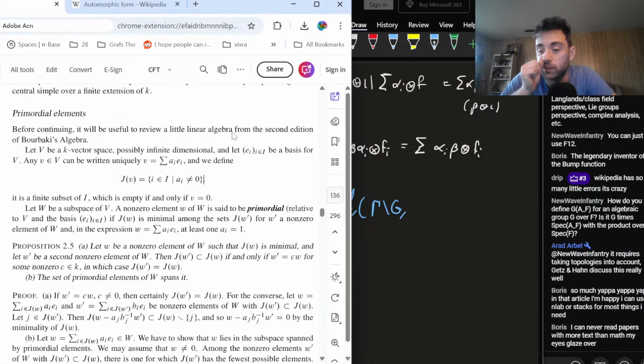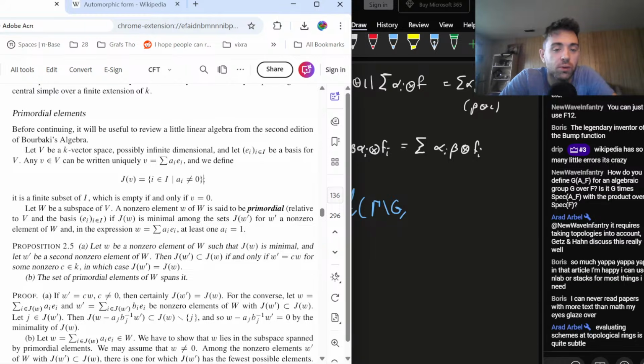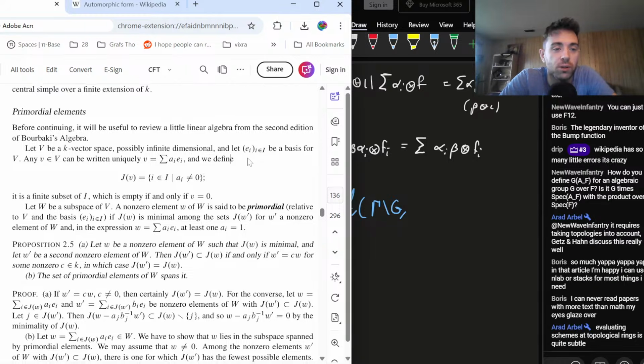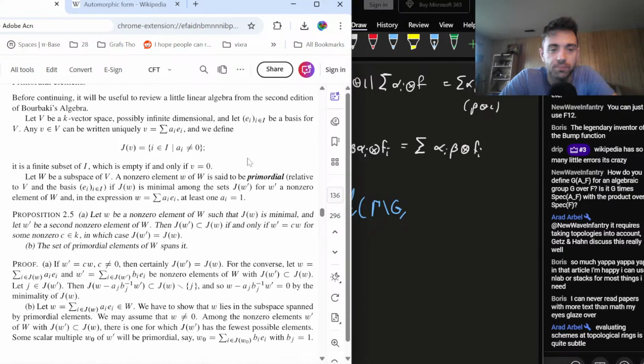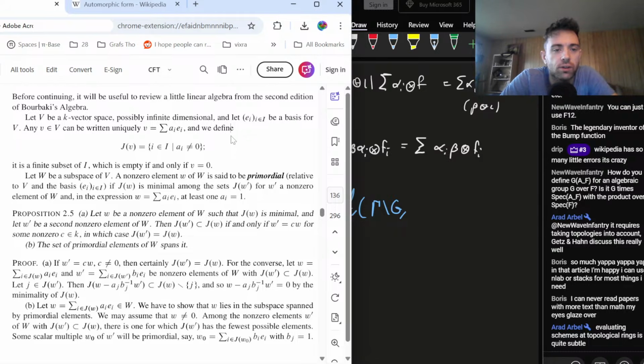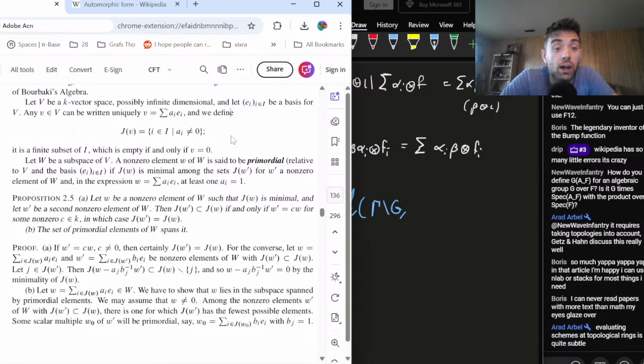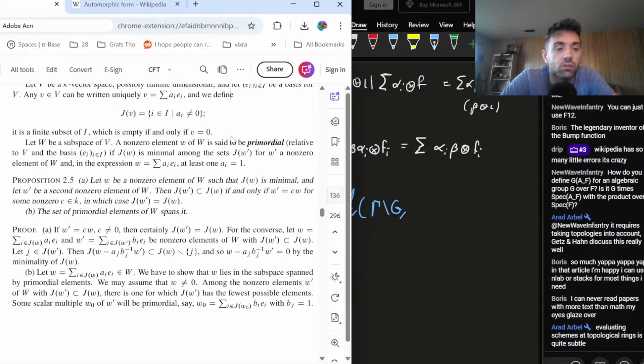Okay. Wow. We really haven't even come close to where we wanted to get today. Let's look at primordial elements. K vector space, possibly infinite dimensional. This is a basis. Any V can be uniquely written as this. And we define JV to be the indices which are non-zero.